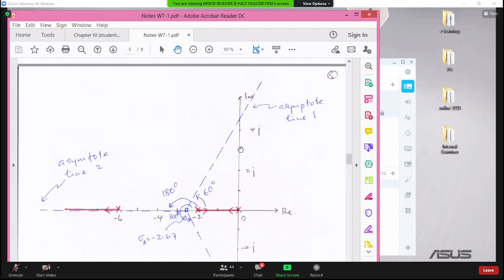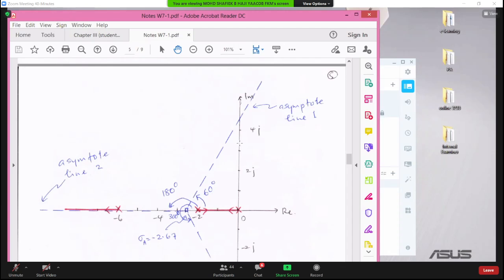So how do we compute at what point our locus is going to cross to the right of the imaginary axis? We know that when the pole crosses the imaginary axis, the system becomes unstable. So on the imaginary axis, the system is marginally stable.